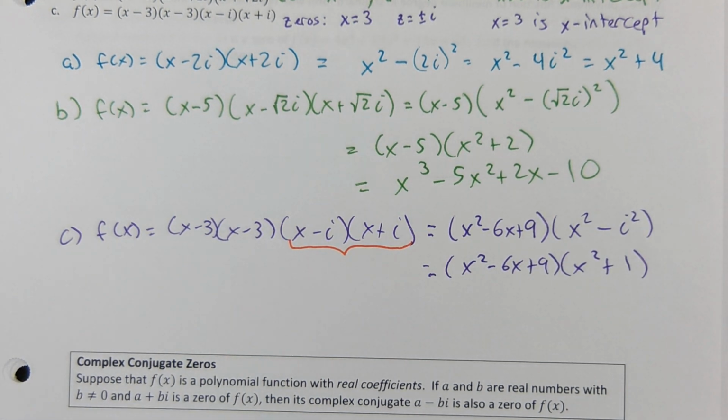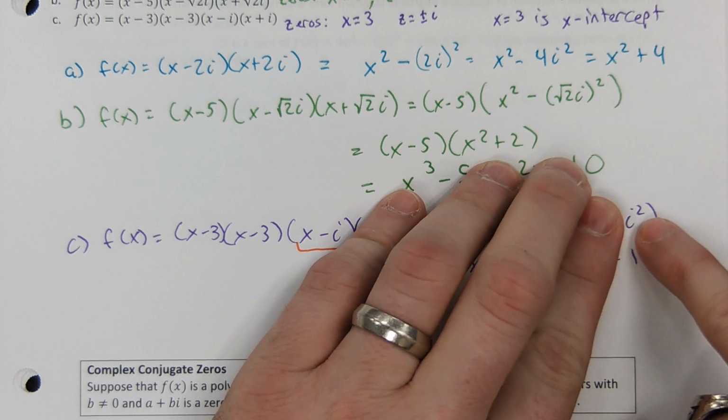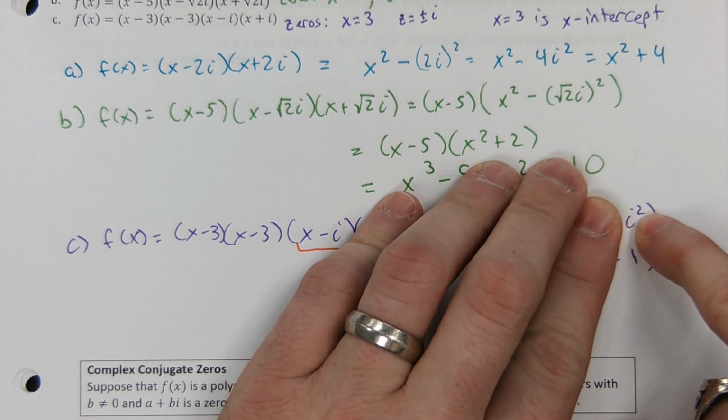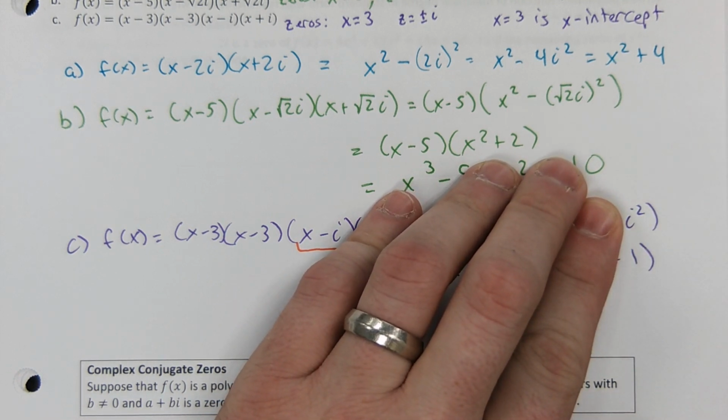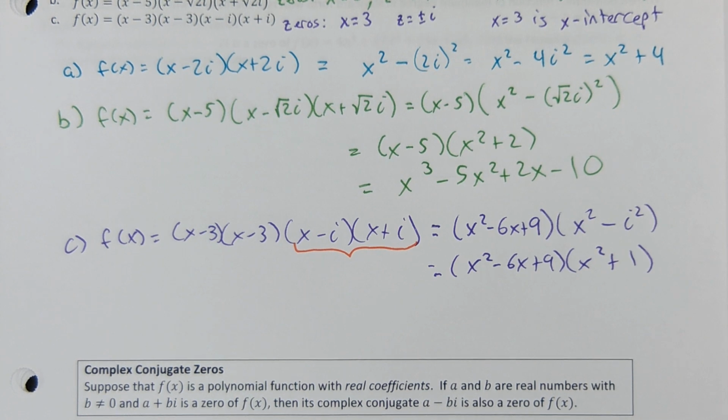We're not finished yet, but yeah. So if i squared equals negative 1, wouldn't you do exponents first, and then that would become 1, so it would be... No. Exponents first, right. So it would be negative 1. So it would be minus negative 1. But negative 1 times negative 1 is positive 1.